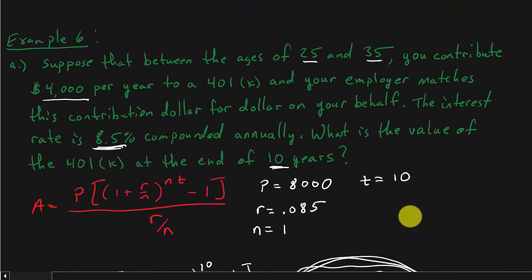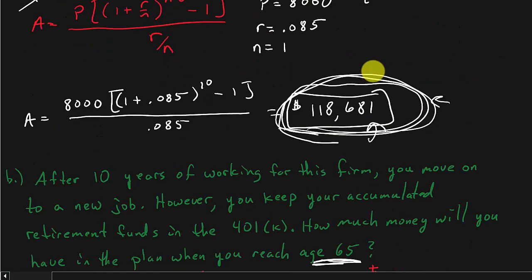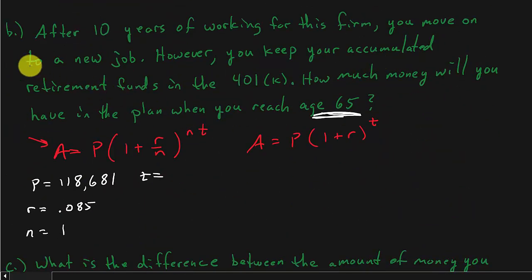But when does it start? Well, this scenario here with the payments, that was from age 25 to 35. So from age 35 to 65, that is when this kicks in, this problem. So we know that 65 minus 35 is equal to 30, so that's for 30 years.